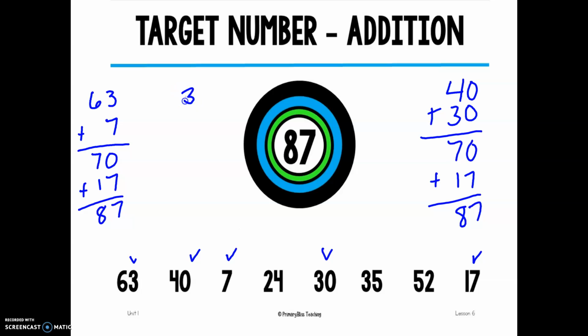What about 35 and 52? I add these together. 5 plus 2 is 7. 3 tens plus 5 tens is 80, so I get 87. I'm going to stop there, but maybe you can always come back to this page to see if you can come up with some other groupings of the numbers below to get to our target number of 87.